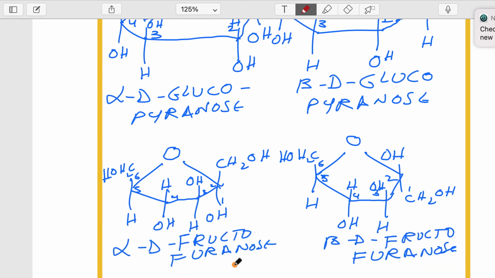Similarly, this is alpha D fructofuranose and beta D fructofuranose. This is how the structures of glucose and fructose are written. You don't have to write it, but for understanding it is a must. In that way there will be clarity of understanding.